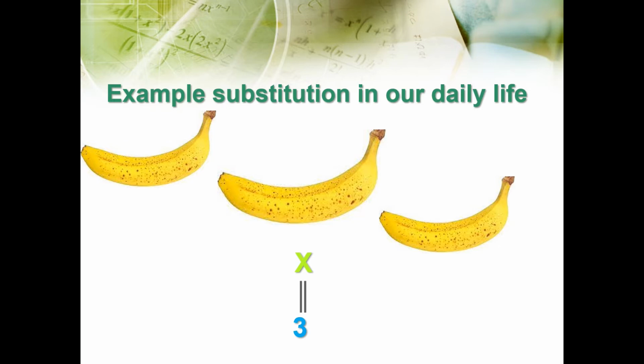X in the question represents the number of bananas, or the price of bananas, or whatever X represents.